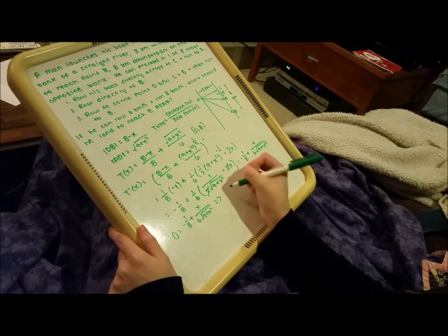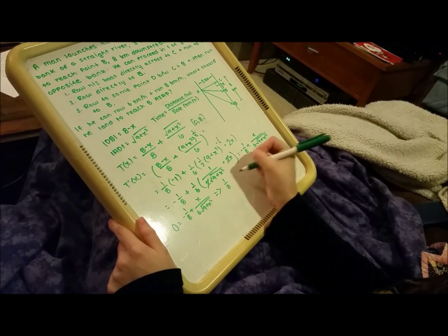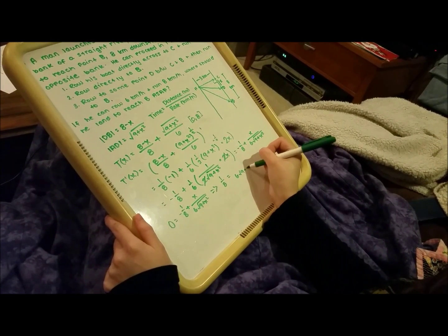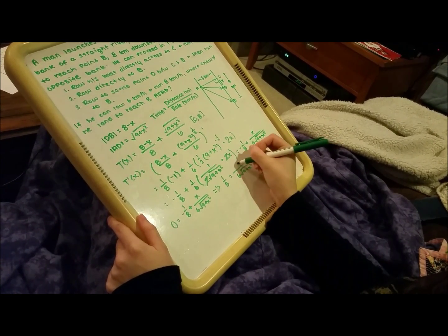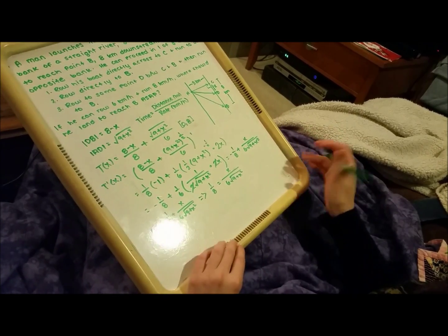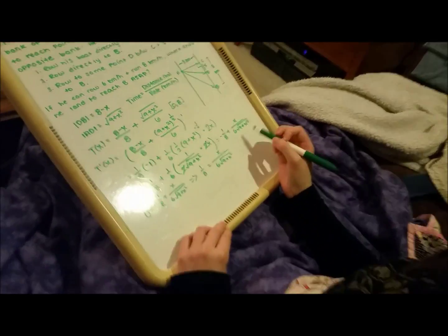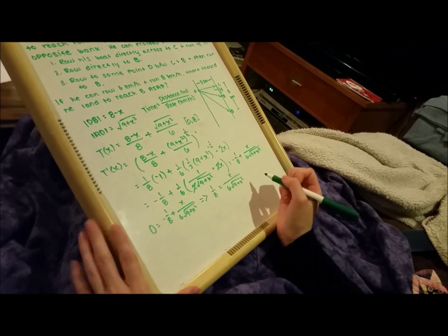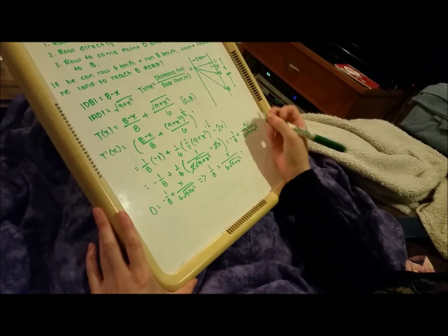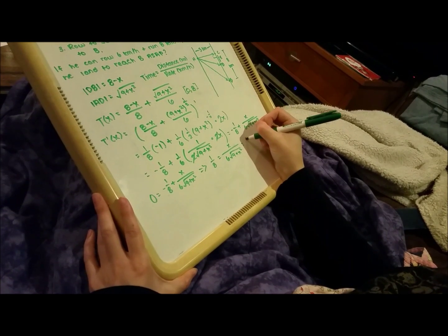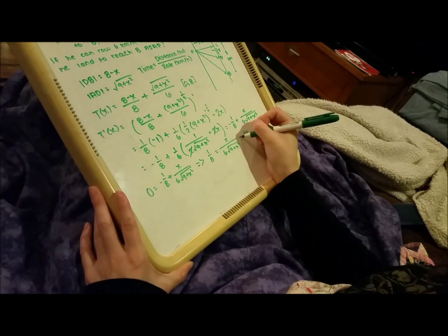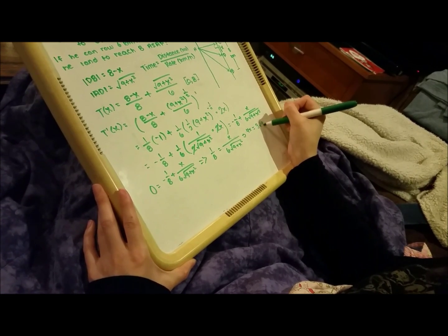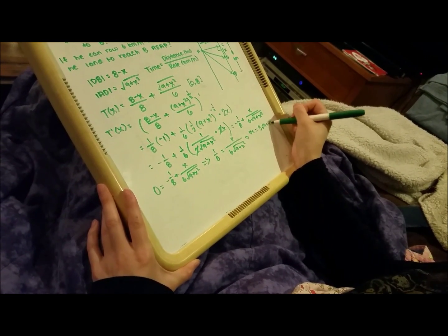Which then becomes 1 over 8 equals x over 6 root (9 plus x squared). We can then cross multiply and factor out a 2, which will make this 4x equals 3 root (9 plus x squared).